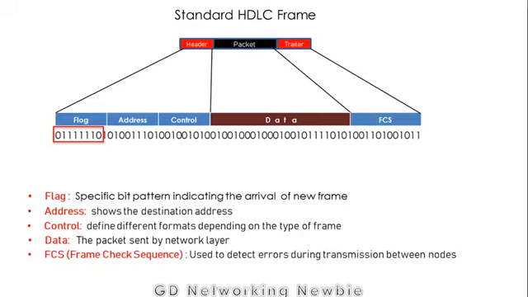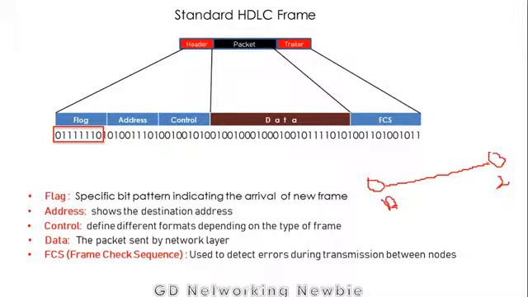FCS is there to check for errors. That stands for frame check sequence, and that is used to detect errors during the transmission between nodes. For example, in our case, we had one router, we had a second router, maybe R1 and R2. So when the frame travels from this router to this router, maybe some errors have been introduced in the frame.